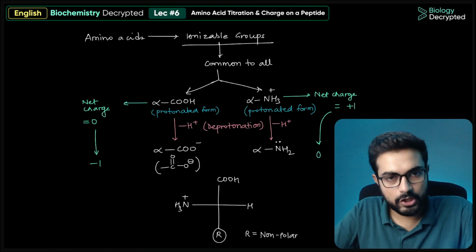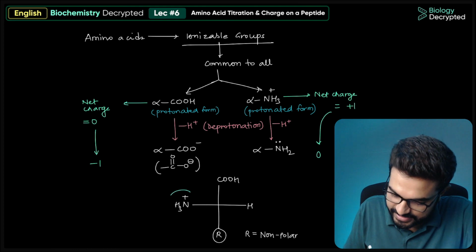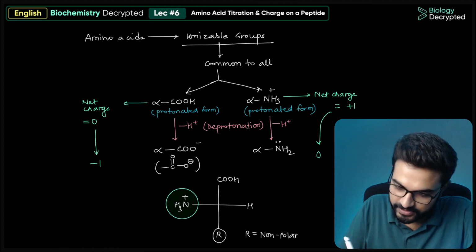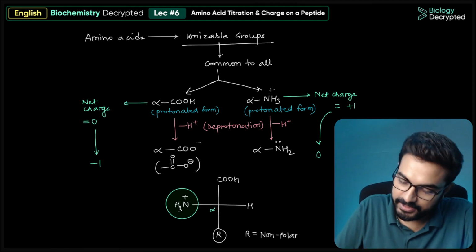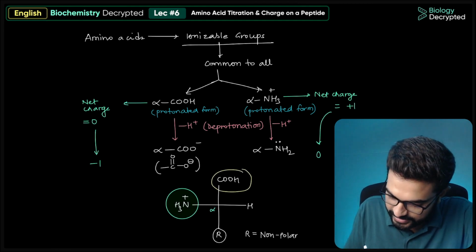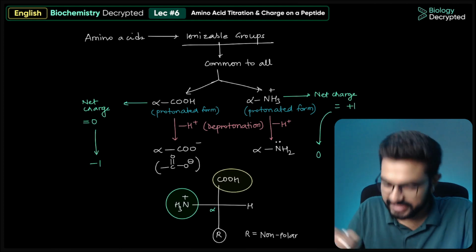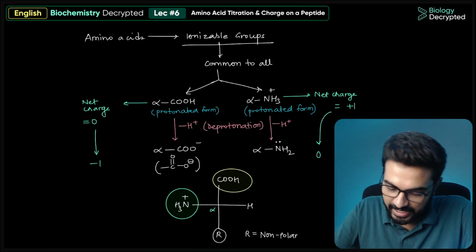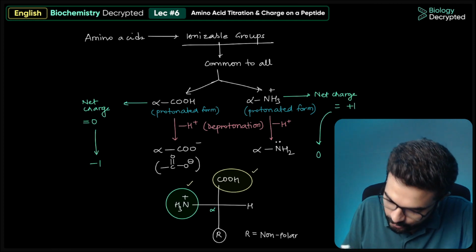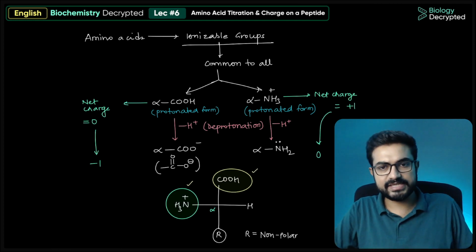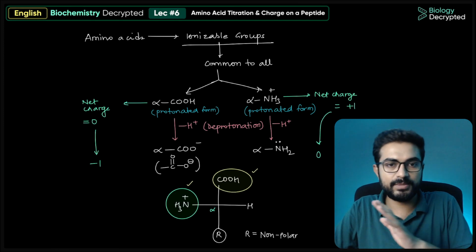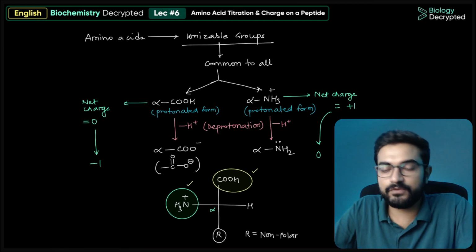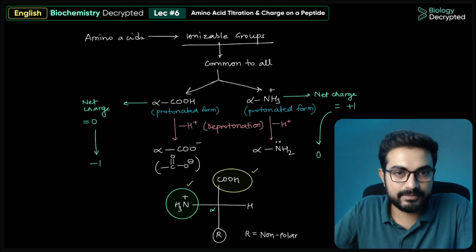So this alpha amino group, and obviously this is the alpha carbon, and this alpha carboxylic acid group, both these groups are the ionizable groups that are common to all amino acids. This will be there in all the amino acids, and this will be ionized in all the amino acids, irrespective of the side chain, that is R.